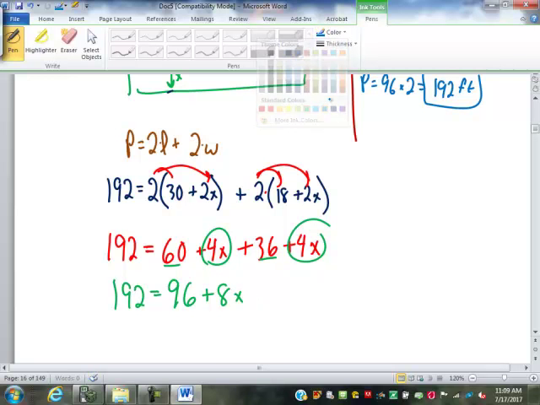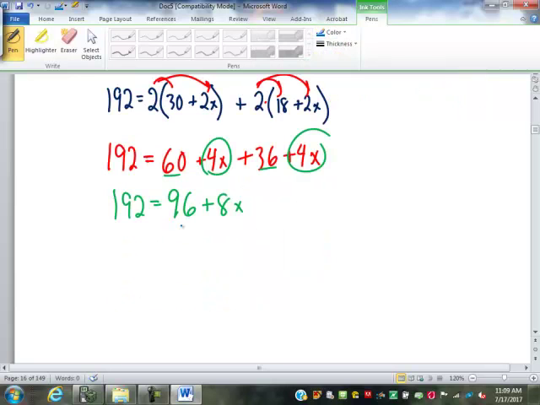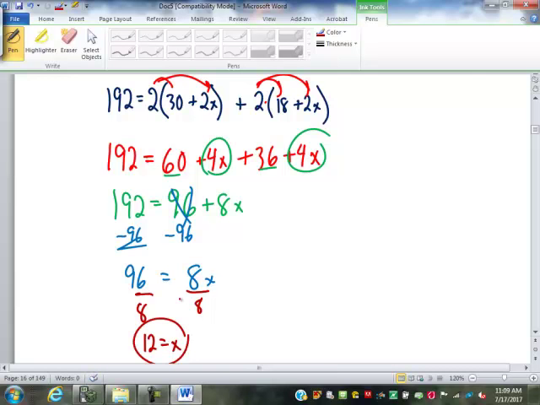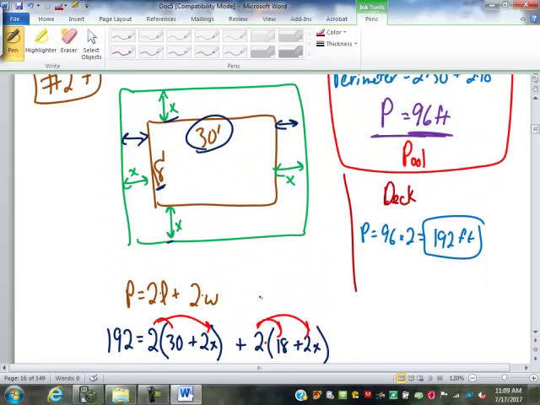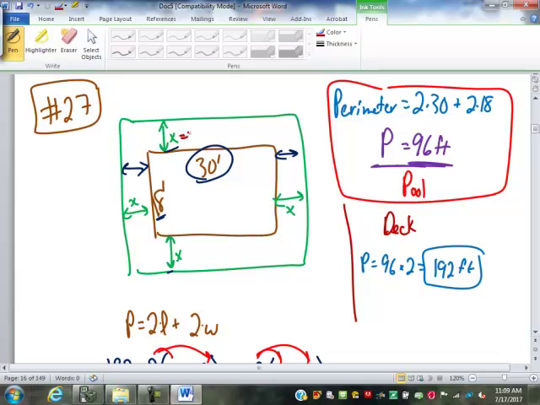What's next? We do subtract 96. 192 minus 96 is 96, equals 8x. Divide by 8. So 12 equals x. So what that means is we go back to our picture. This is 12 feet here, 12 feet here, 12 feet here, 12 feet here.